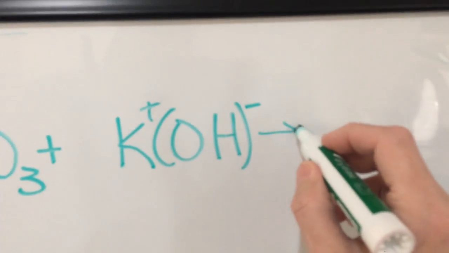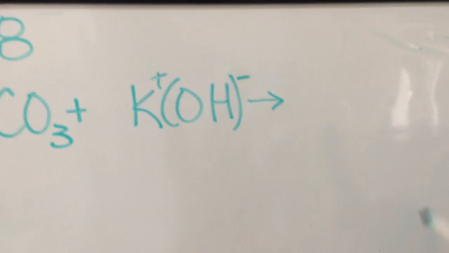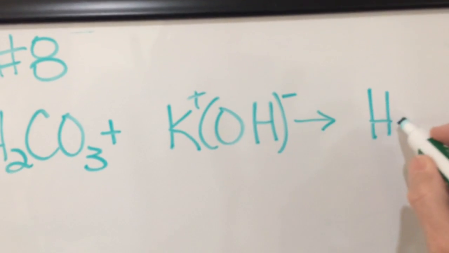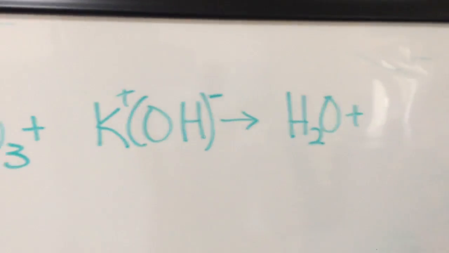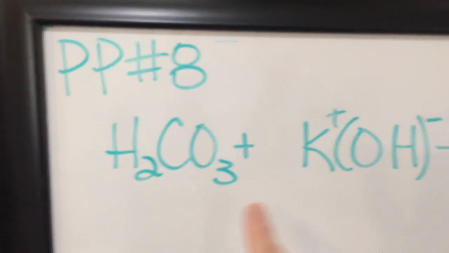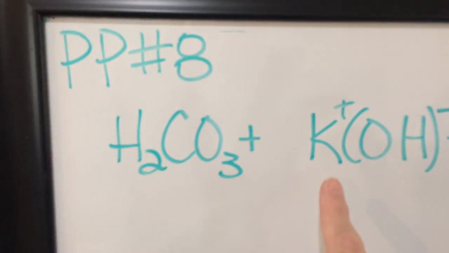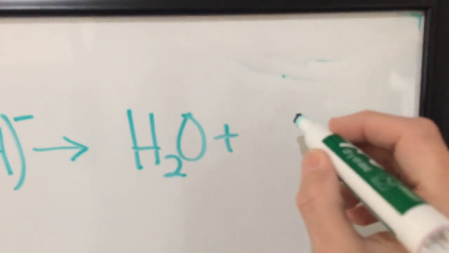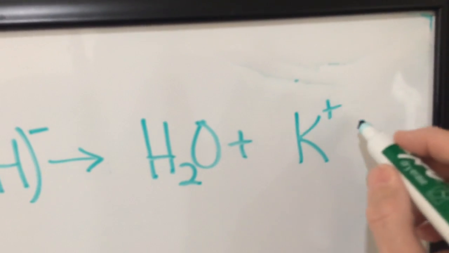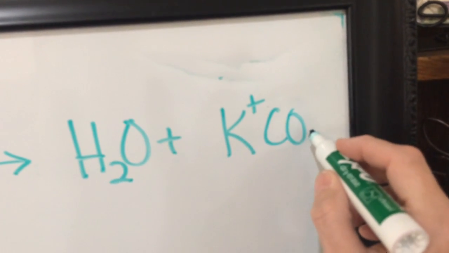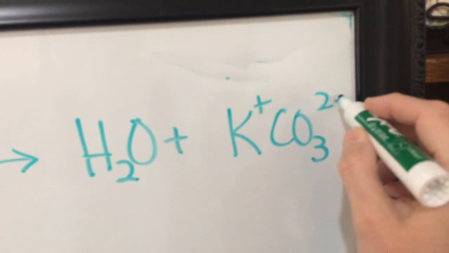What does that create from the problems we learned earlier? It creates water and a salt. What is the salt that we have? Once this is gone and this is gone to make the water, we have K2CO3. The K is a positive and CO3 is a 2 negative.